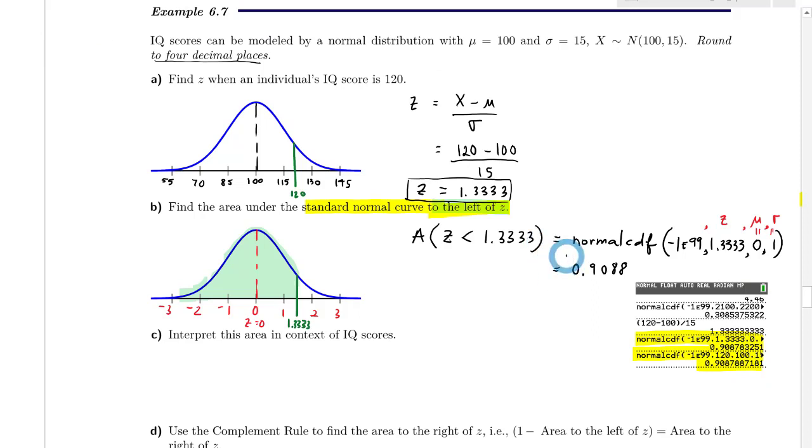And so now let's interpret this area in context of IQ scores.